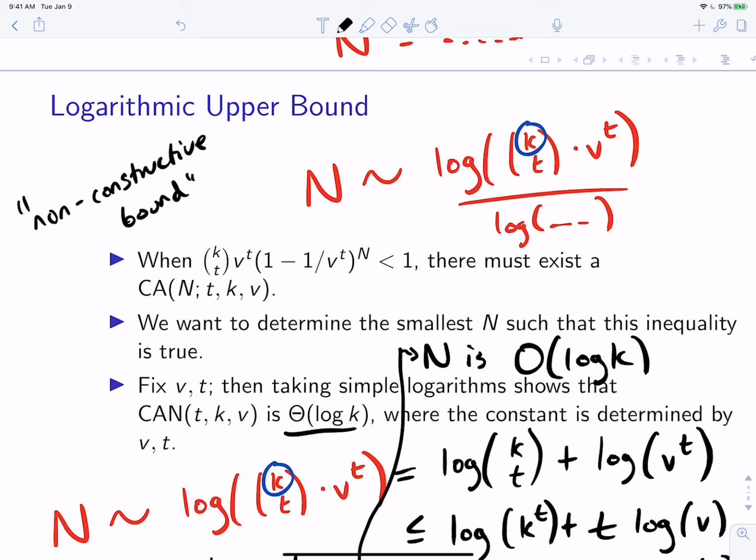It doesn't tell you how to make the thing, it just tells you it exists. At some point in the semester, I don't know when, we will talk about a method that meets this bound and is an algorithm. So it actually does produce the covering array of logarithmic size, which is pretty nice.